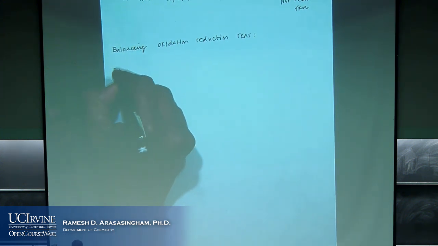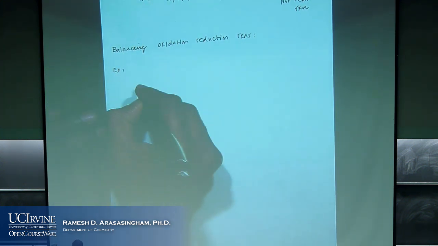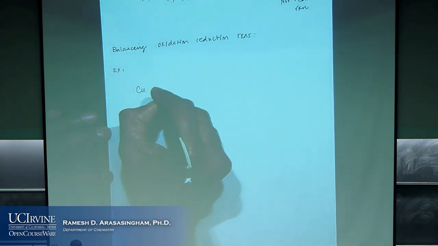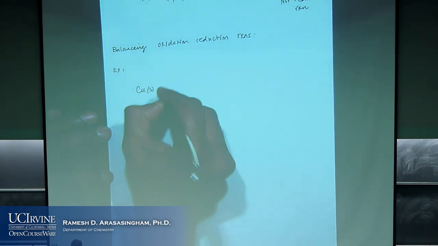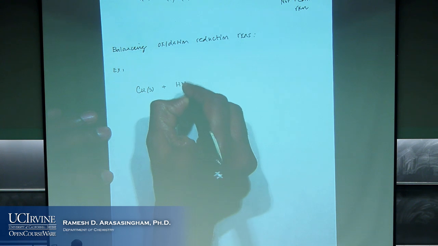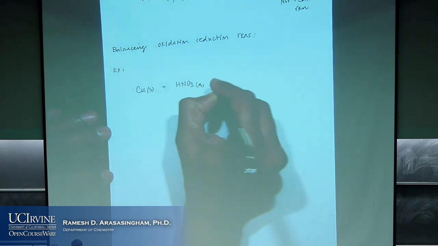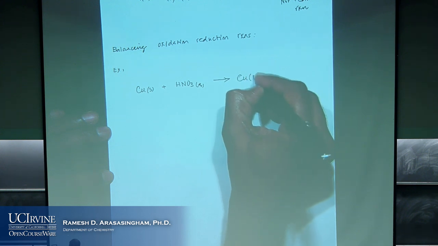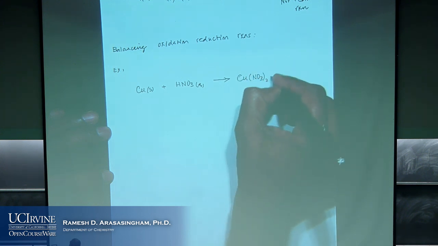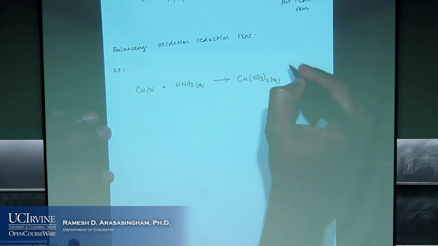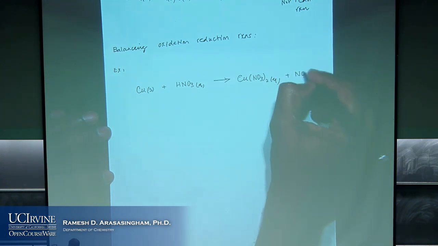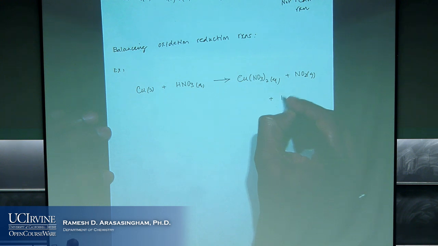Let's say you want to balance the equation copper plus HNO3 giving you copper nitrate plus nitrogen plus H2O.